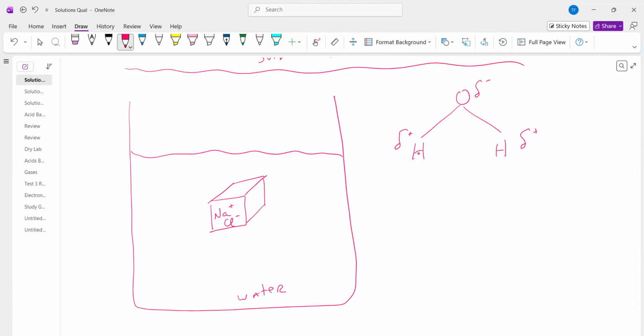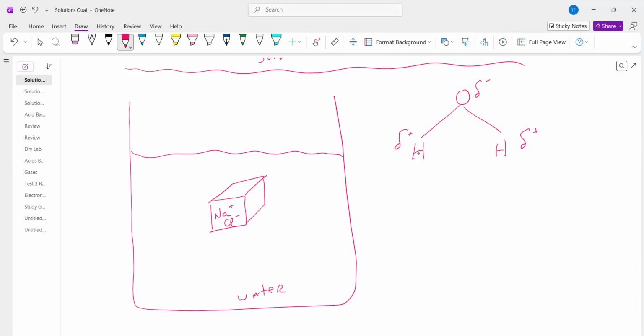That's what a polar molecule looks like. It's not evenly distributed as far as charge goes. Now the overall charge is zero, but the distribution of the charge is not equal.